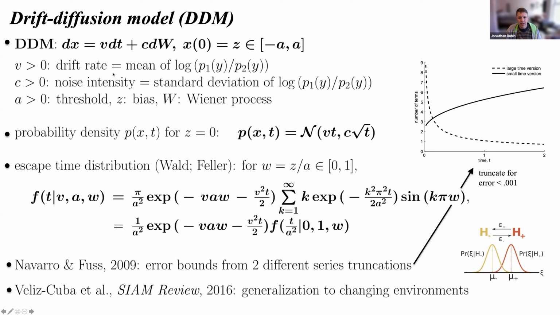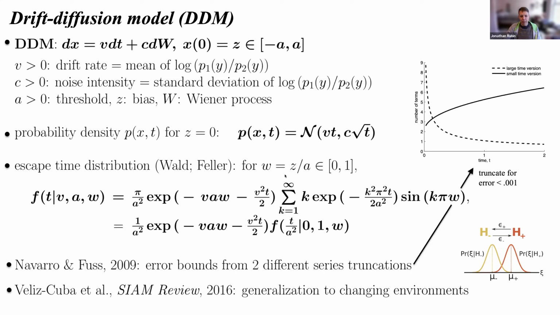It's a really nice way to think about this process of evidence accumulation, and it's really nice mathematically. It's easy enough to deal with, so we know at least we can write down the probability density of positions of a particle diffusing, well, evolving under this rule, and it looks like this if we start from 0 bias. It's just normal around the drift.